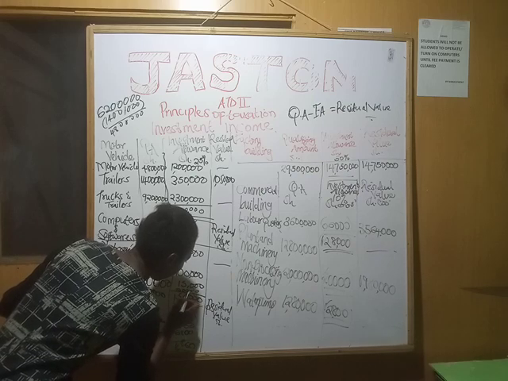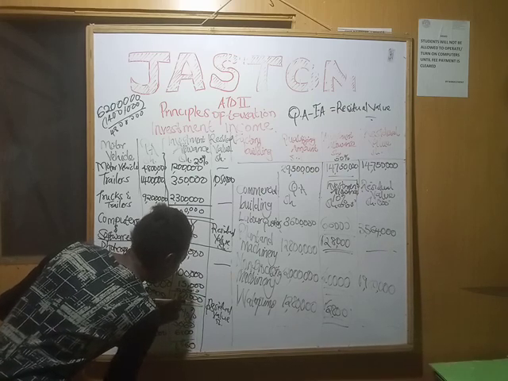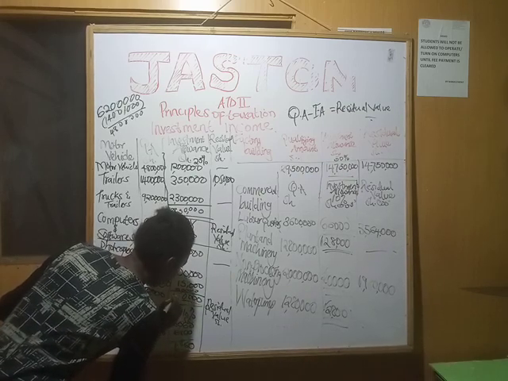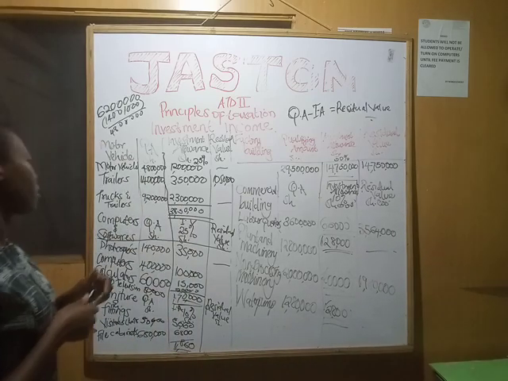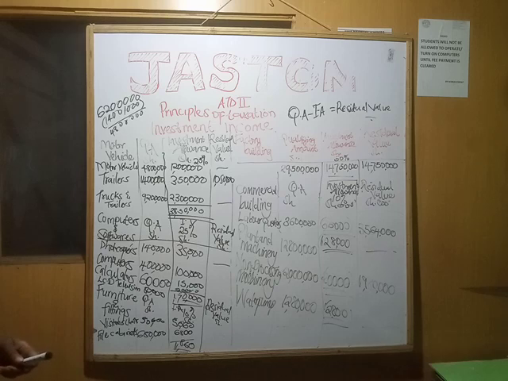So we include our 20,000 here. We will have 170,000 as our investment allowance on computers and software.